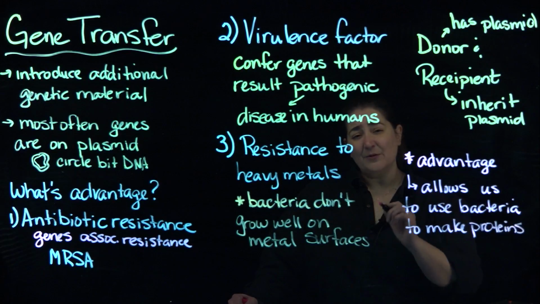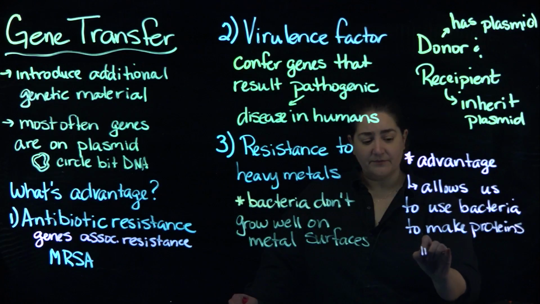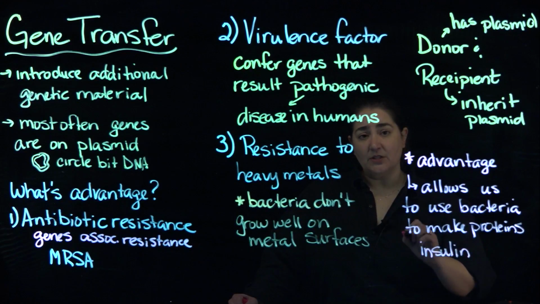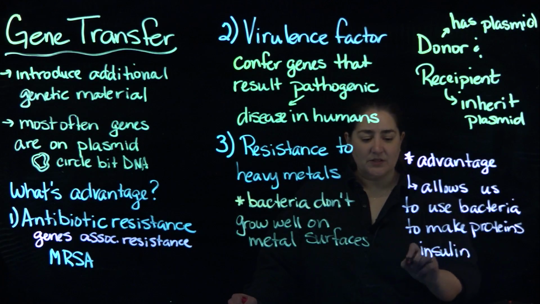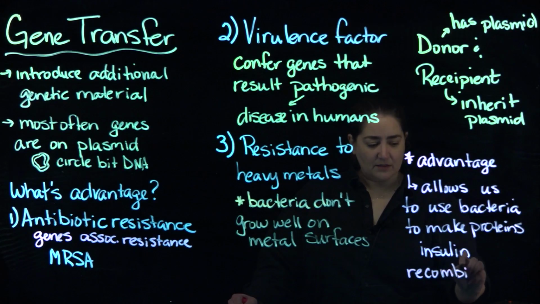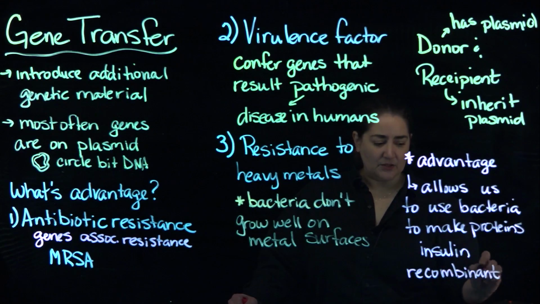And an example of how we use bacteria to do this is with the protein, human protein insulin. Most insulin now is what's known as recombinant, and that's something else that will come up in this unit.